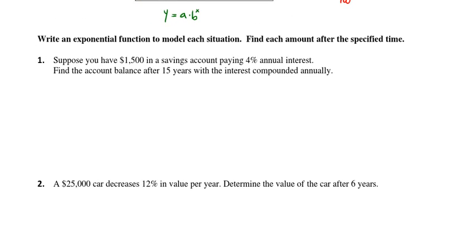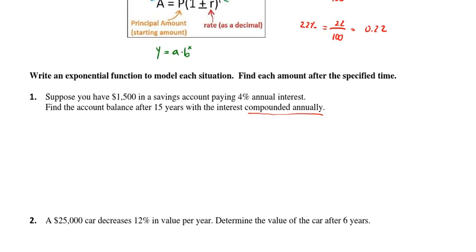There are some things that are unique to exponential situations, for example, here the words compounded annually. In this case, we're talking about having money in a bank account, and that's very important because that will give us whether we use a plus or a minus in the formula.